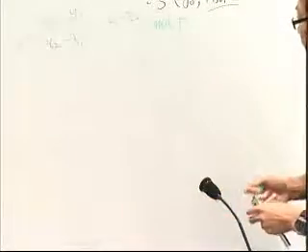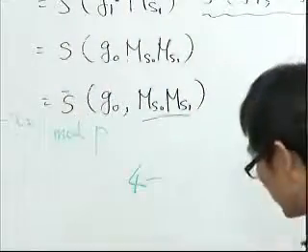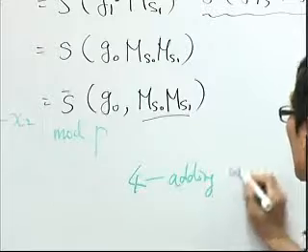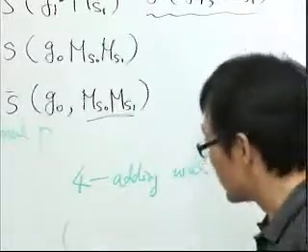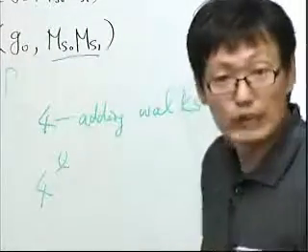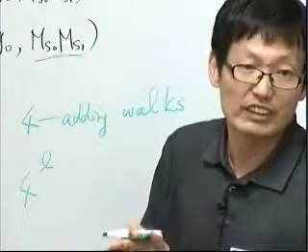Not exactly, because we implemented 4 adding walks. Then rather than, for example, 4 to the L, we don't care about the order.